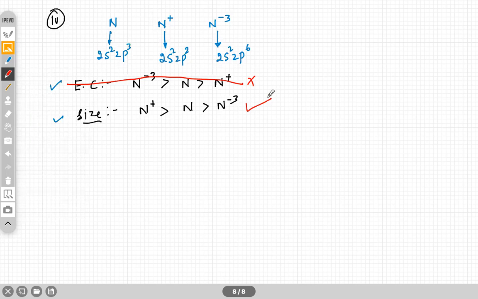And you can ask me why size you are taking, why not electronic configuration? There's no reason for this, right? Since the actual size is coming out to be in this order, that is N plus, N and N3 minus, hence they said that size factor is the dominating factor.